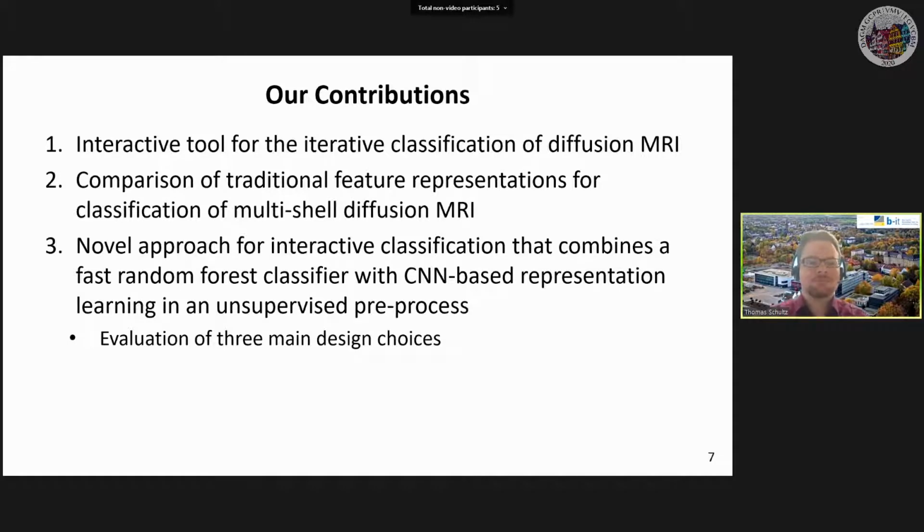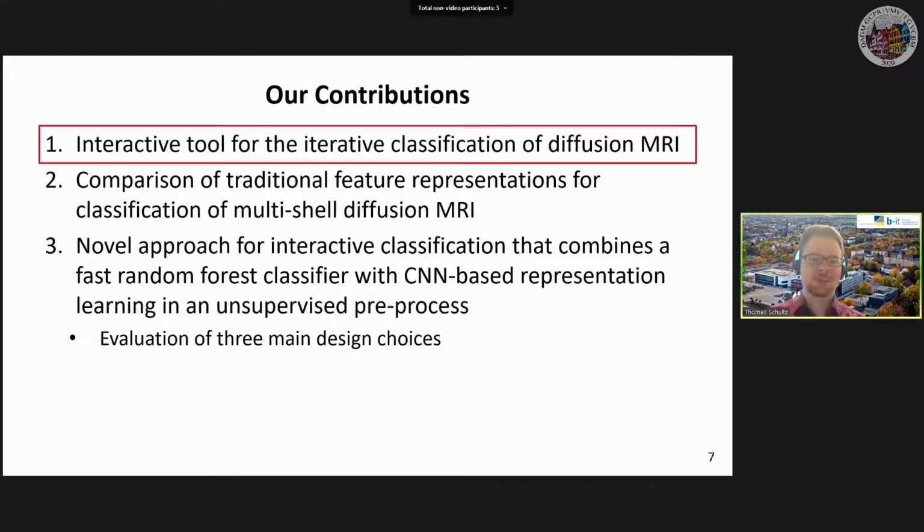And finally, the contribution where most of our effort actually went into is that we made a novel approach for doing these types of interactive classifications that, on one hand, is able to leverage the representational power that you can get with convolutional neural networks. On the other hand, it combines this with random forests to give you this interactive experience. And this was not quite trivial, so we also present an evaluation of three of the main design choices that came up during this process.